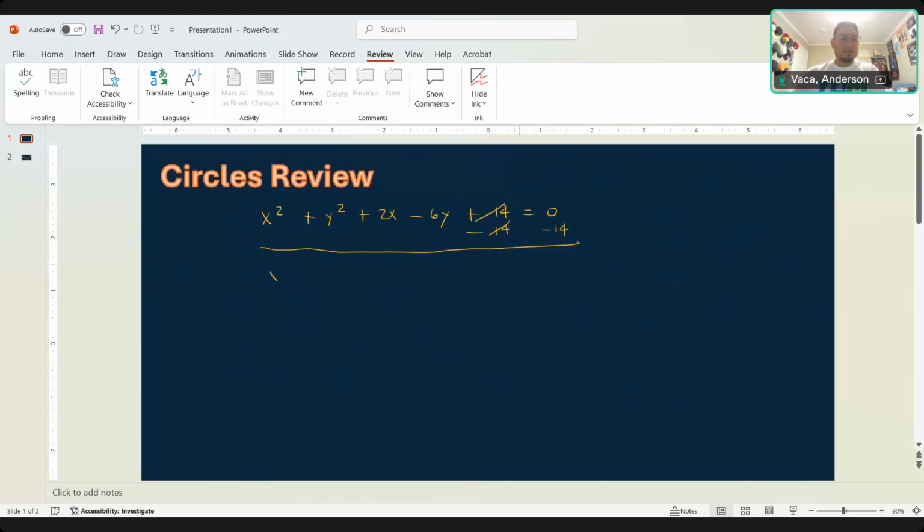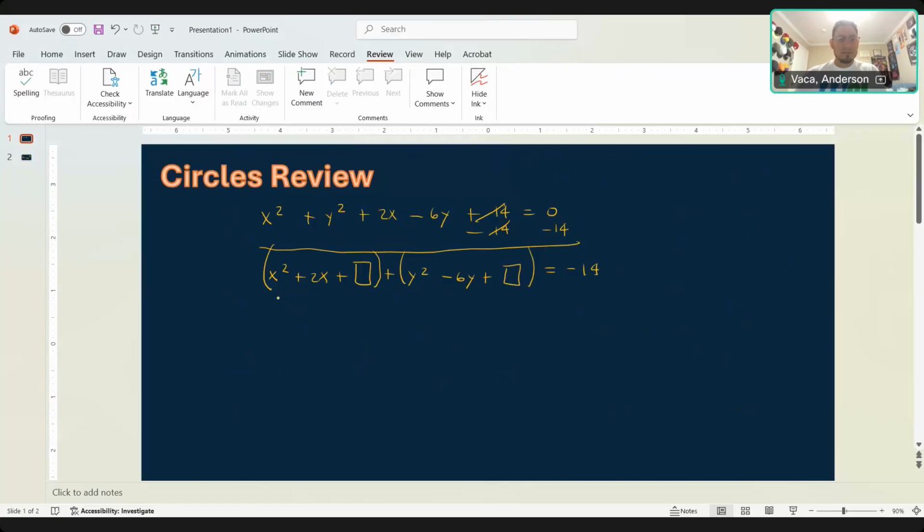Again, as I write this next sentence, I am going to start rearranging the x terms together. I'm also going to arrange the y terms together. Notice that this constant gets moved to the other side. We're going to find the number that completes the x square. And then we're going to find the number that completes the y square.